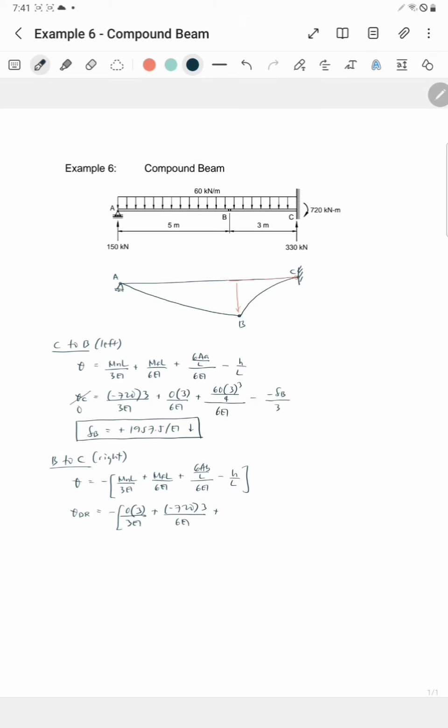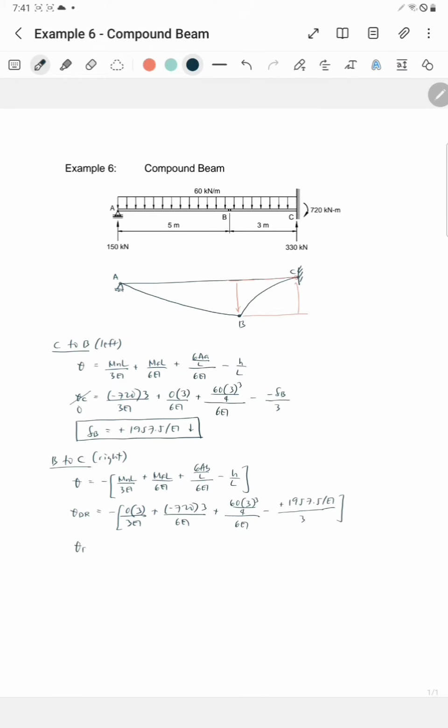Plus the load from B to C is a distributed load, and the formula for 6AB over L, distributed load, is WL cubed over 4, over 6EI, minus H over L. So for H, we make a horizontal line from B to C and measure the vertical distance towards C. The direction is upward, so positive, and the vertical distance is equal to the deflection at B, 1957.5 over EI.